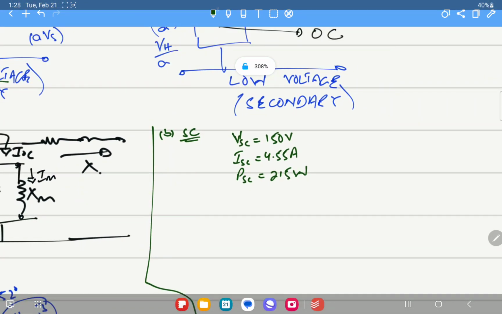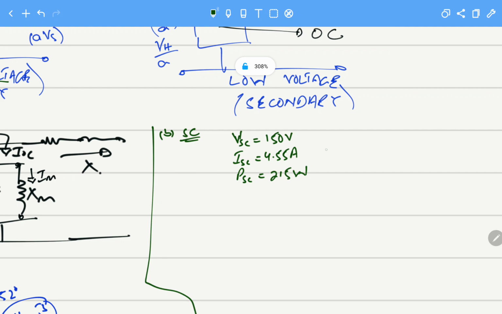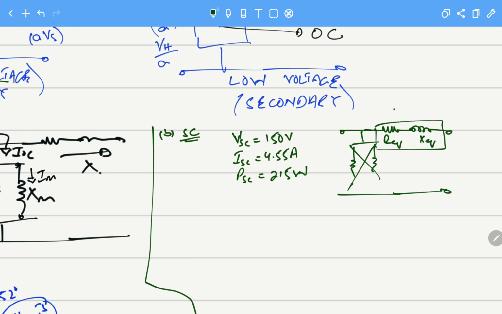So now what are we calculating? We are calculating for our transformer. We are assuming that the magnetization branch is no longer here, and these are the two components, R equivalent and X equivalent, and this gives us Z equivalent. So this is the voltage and this is the current that is flowing through that.